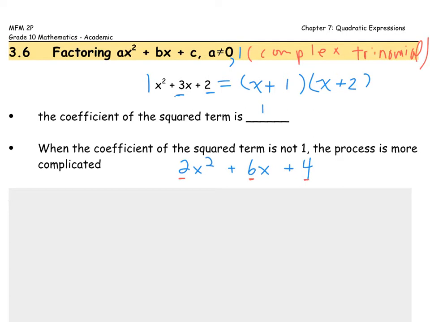So I can pull out a common factor of 2, and what I'm left with turns out to be a simple trinomial that I can factor using the methods I've already learned, just like up there. So sometimes what looks like a complex trinomial is not really one if you remember to remove that common factor. Now, let's move on to our lesson.